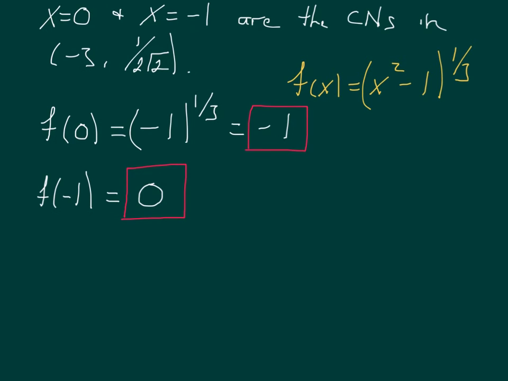Let me just write down what f of minus 3 was again. You don't have to do this of course, I'm just going to write down what our values were at the endpoints.